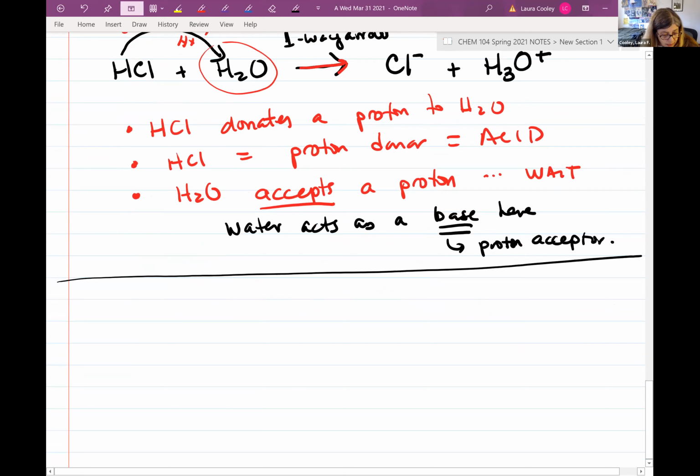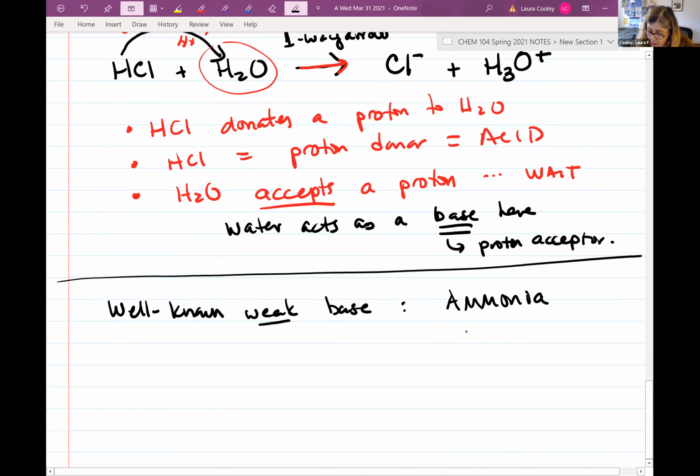But I want to tell you something else. A very well-known weak base, I haven't said anything about weak bases yet, but I'm going to tell you now. The prototype weak base in Chem 104 is ammonia.